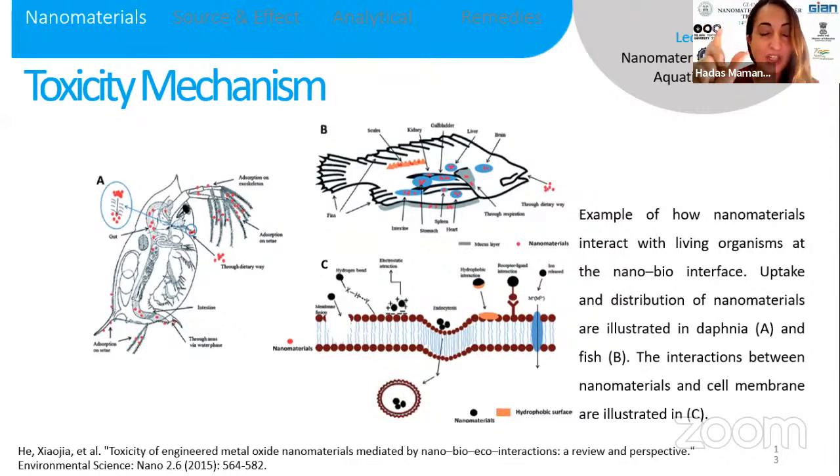So the interaction of the nanoparticles with the corona proteins can result in these particles being easily recognized by the immune system. Okay, so this is one important thing.